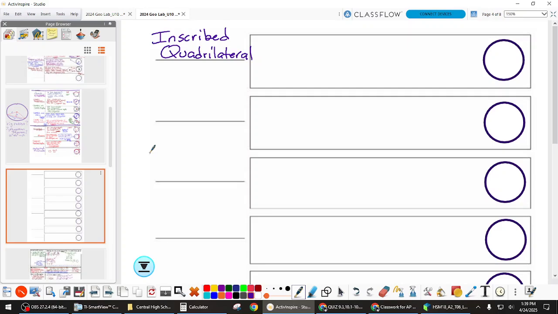Square, rhombus, trapezoid, rectangle, kite. Yeah, good. All right, so you can pick one of those shapes to draw. Inscribed means it's drawn inside of the circle. And let's label each angle with a letter.